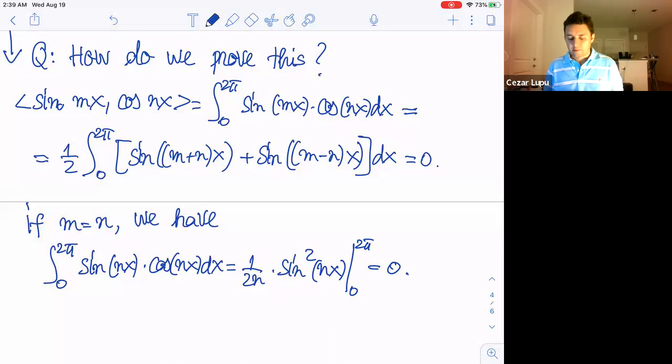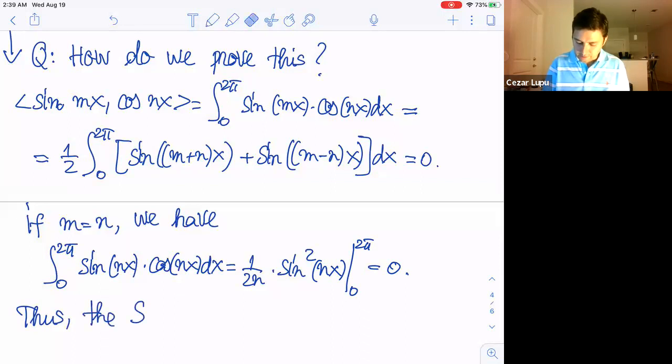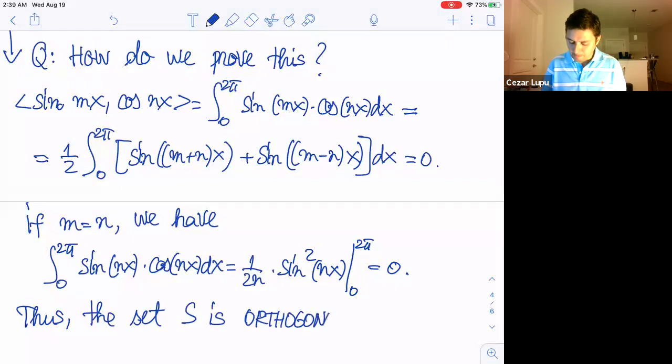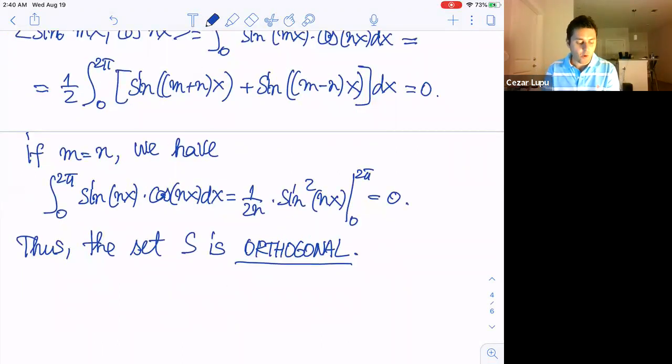Well, the set S is orthogonal, which is exactly what we wanted to prove, but now the question is, is it orthonormal?